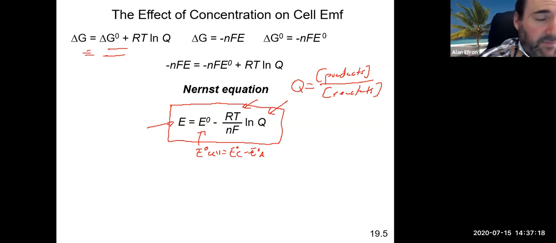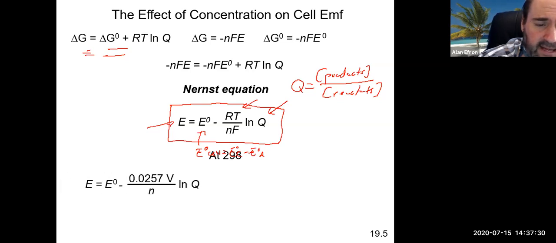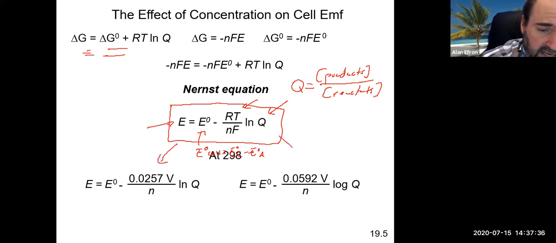Just like we saw in the previous one, at 298, which is 25 degrees Celsius, you could reduce these equations down the exact same way.